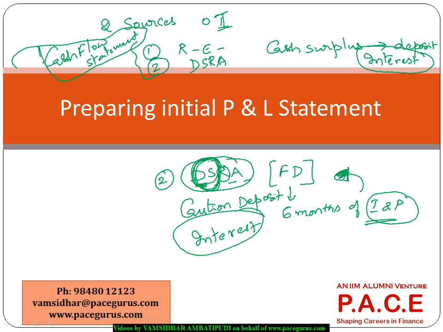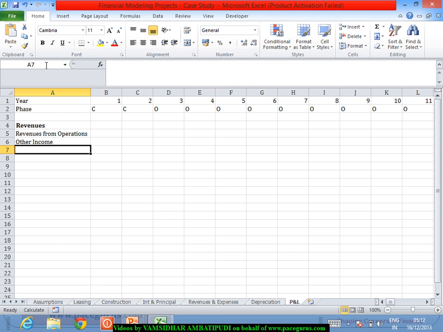Deficit also we have a mechanism to handle, but at least the cash surplus that can get generated, or the DSRA requirement for each of these periods, I can handle. Whatever interest I get on top of these two accounts will go as a part of my P&L statement as other income. So that is where I am handling the other income here.